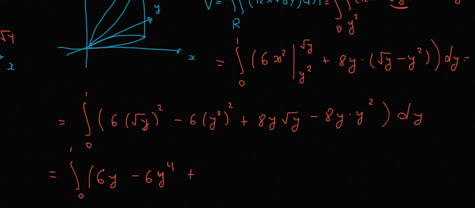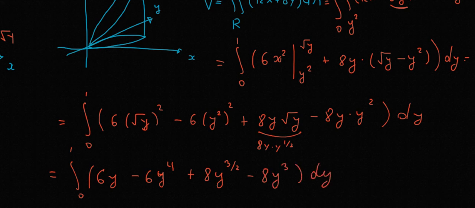Next, we have 8y times square root of y. Square root of y is y to the power 1/2, so 8y times y to the power 1/2. And when we multiply two powers of y, the exponents get added, so we get 8y to the power 3/2, minus 8y cubed. And that is the function that we need to integrate over y.